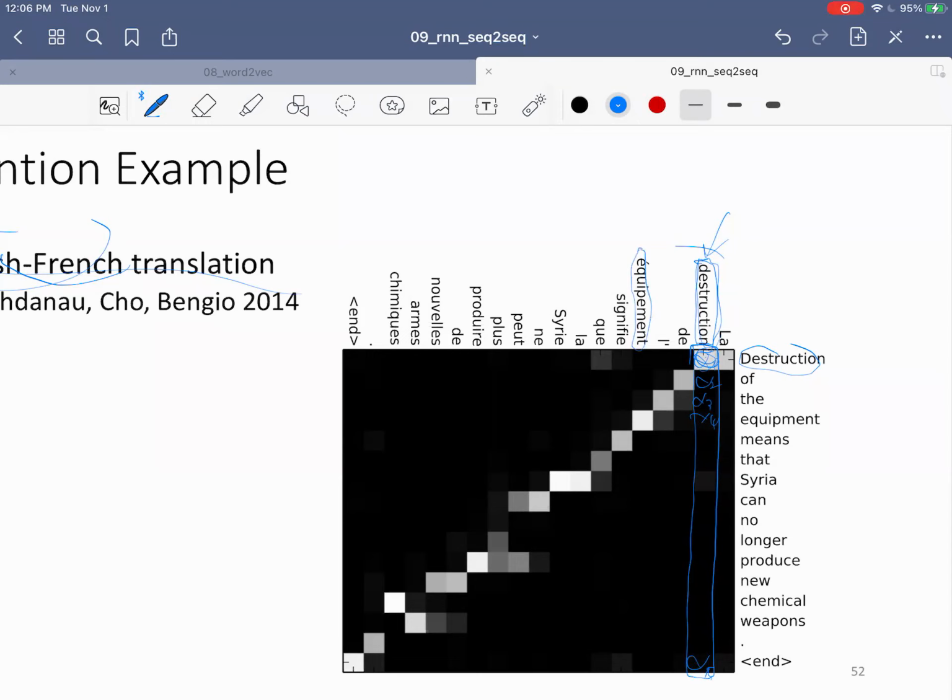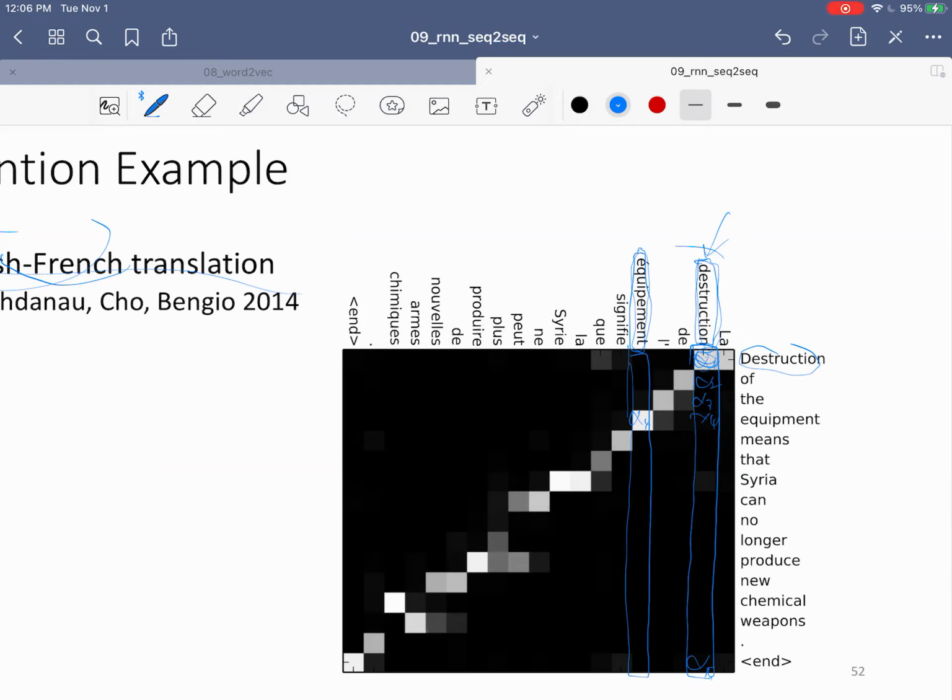This is probably pronounced differently, but for the French word equipment, when the decoder is predicting it, a convex combination is happening here with proper alpha values. And it happened that alpha 4 received the highest softmax value.